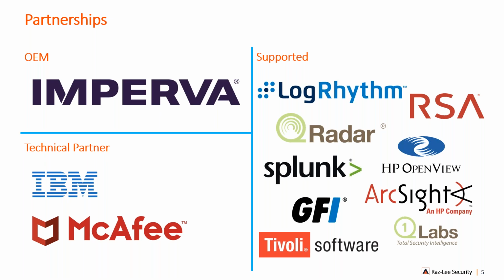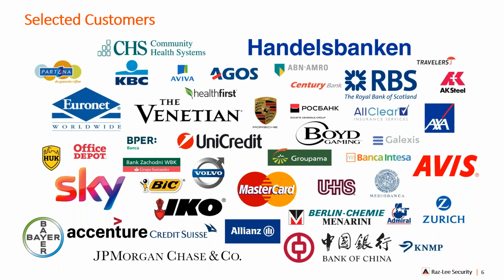Imperva is a leading provider of data and application security solutions, including OEM of our solution into their SecureSphere, and we provide a solution for McAfee DAM software. This is an example of our customers from different sectors such as finance, banking, and healthcare.